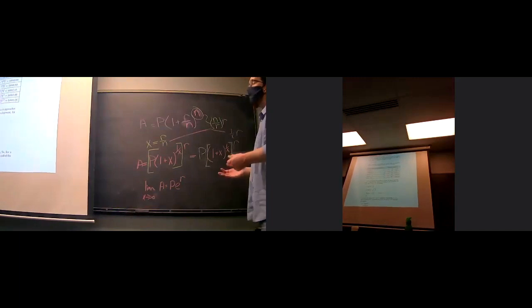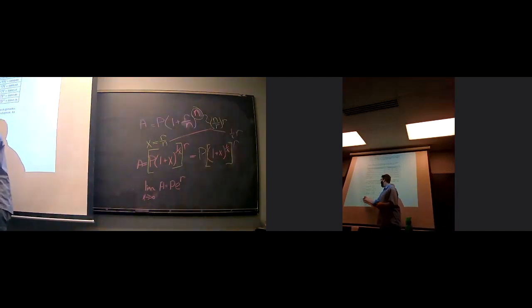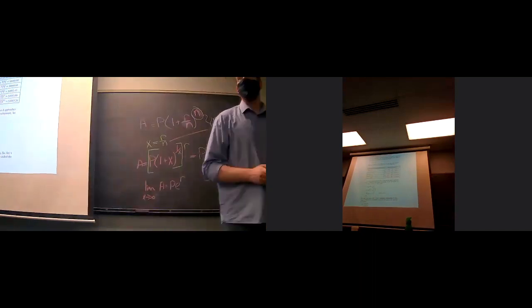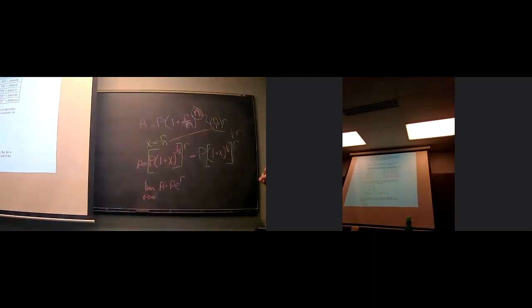So the formula for continuously compounding interest is going to be P times E raised to the R. Does this make sense to everybody? Kind of, sort of? Cool. Well, that is on, for those of y'all at home, slide 46. I would highly suggest everybody go check it out, just to kind of reabsorb all of this and make sure it makes sense.